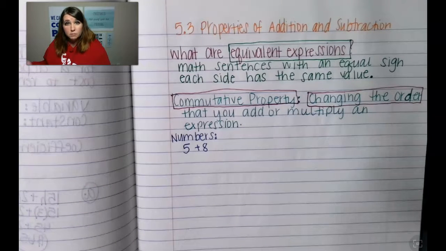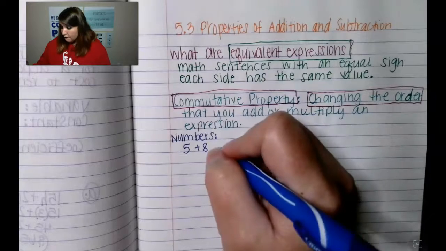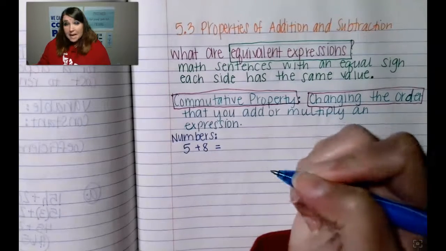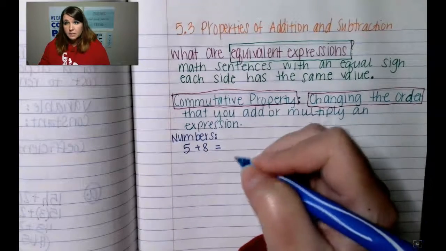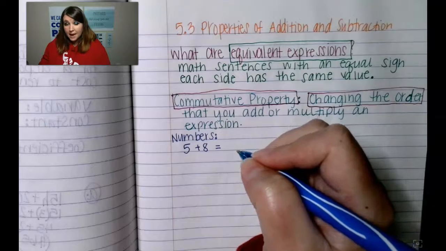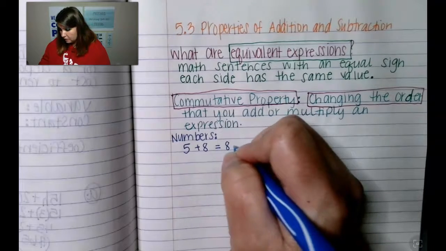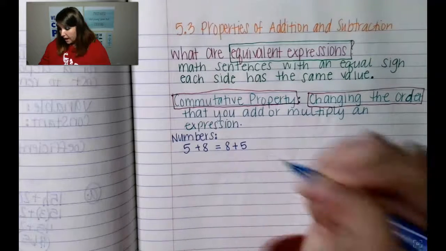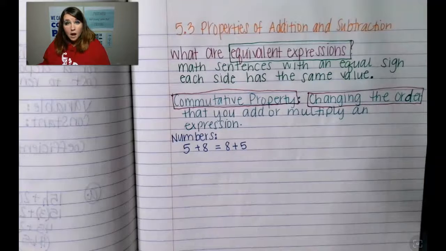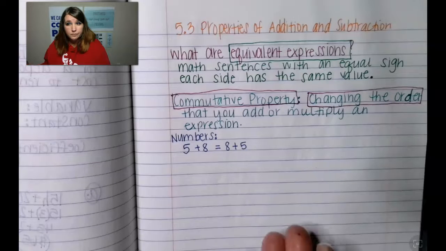If my 5 and my 8 were to commute, 5 plus 8 is the same as, so that equal sign means the same as, 8 plus 5. I get the exact same answer on both sides. It doesn't matter the order in which I do it.